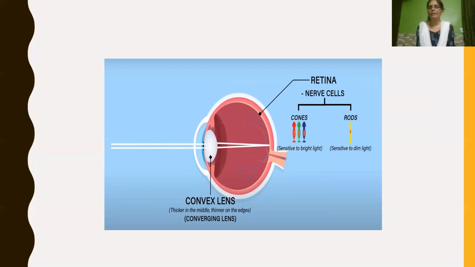And then the retina, which is present at the back of the eye, consists of two types of nerve cells, rods and cones. Rods are sensitive to dim light, and cones are sensitive to bright light, by which we can see different colors.